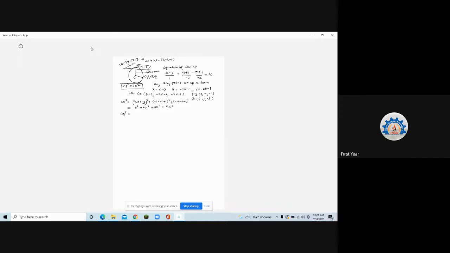Again the distance formula. So it is (k + 3 - 1) the whole square plus (-2k - 1 - 1) the whole square plus (-2k - 1 + 3) the whole square, which gives (k + 2) the whole square plus (-2k - 2) the whole square plus (-2k + 2) the whole square. Simplify this. Obviously, you will get 9k square.